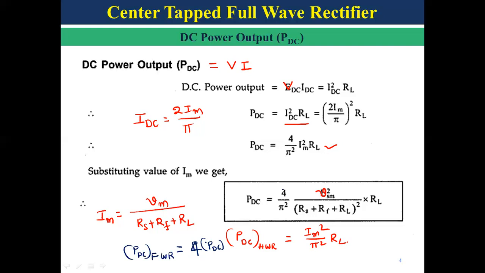Because of center tapped transformer action and two diodes, there is a load current for both positive and negative half cycle. So the output power delivered to the load is increased by 4 times compared to the half wave rectifier.